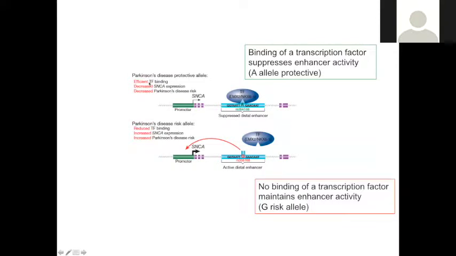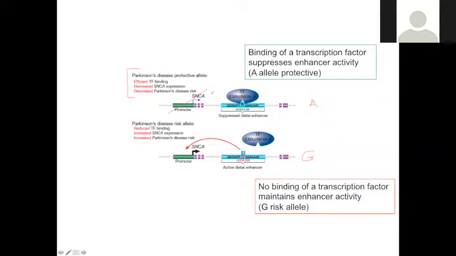The function of this particular enhancer works in this way. So here we have our A allele, and down the bottom we have our G allele. The A allele is a protective allele. It results in efficient binding of a transcription factor that represses the expression of alpha-synuclein.